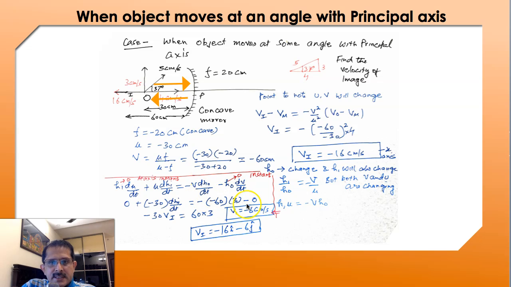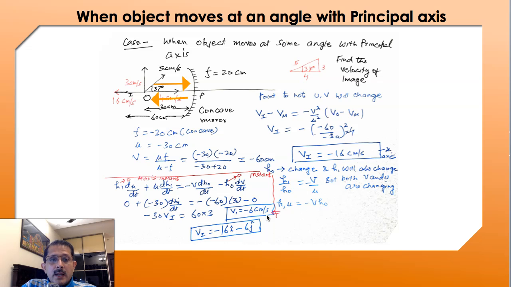Minus ho into dv by dt, the height of the object is again 0 because it is at this particular instant. When the height of the image is also 0, the height of the object is also 0. So this whole becomes 0. Substituting, I can find vi is equal to minus 6 centimeter per second.